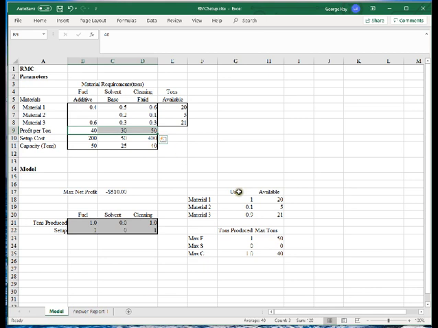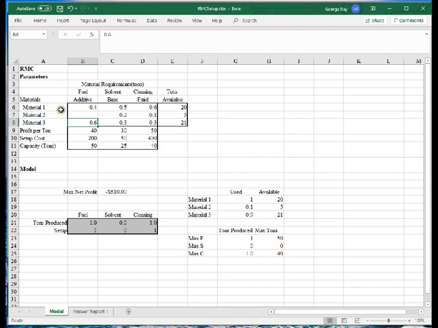Each ton of solvent requires 0.5 tons of material 1, 0.2 tons of material 2, and 0.3 tons of material 3. Each ton of fuel additive requires 0.4 and 0.6 of materials 1 and 3 respectively, and likewise for cleaning fluid.